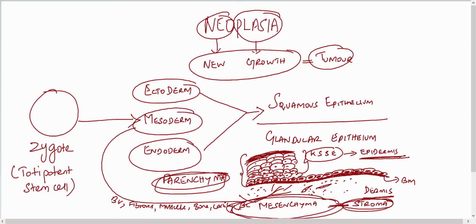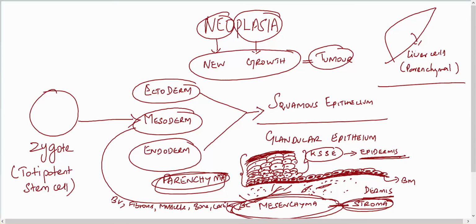So you should understand these basic terminologies, parenchyma and mesenchyma. If you take any tissue, it has a parenchymal component and a mesenchymal component. If you take the liver, it has liver cells, so the liver cells are the parenchymal component. And the blood supply, the connective tissues in the liver, blood vessels, macrophages, are called the mesenchymal component.